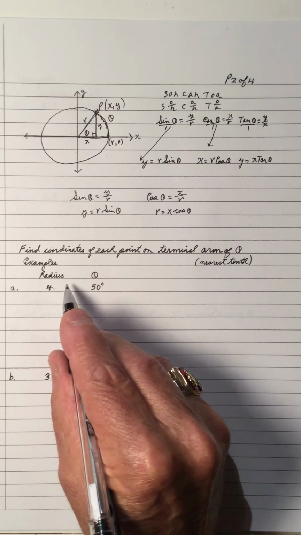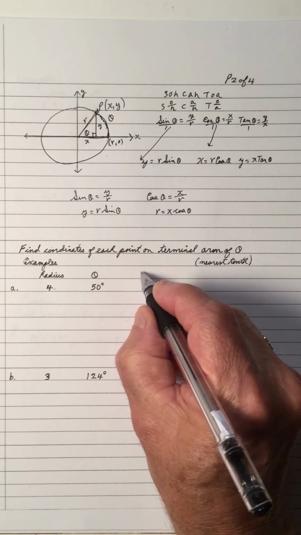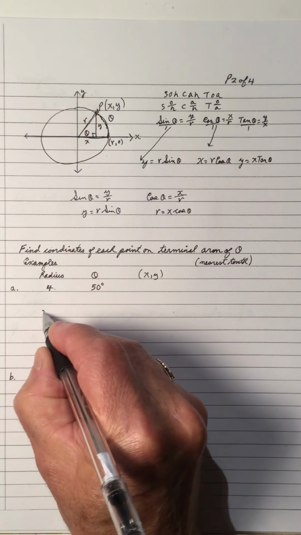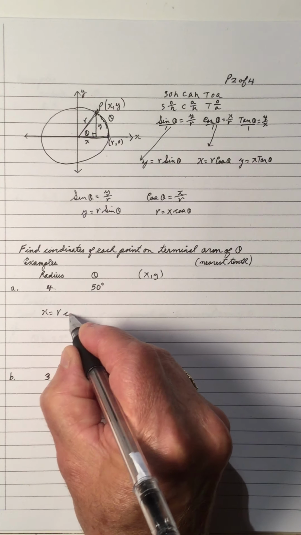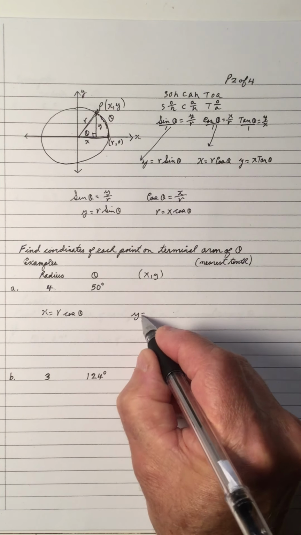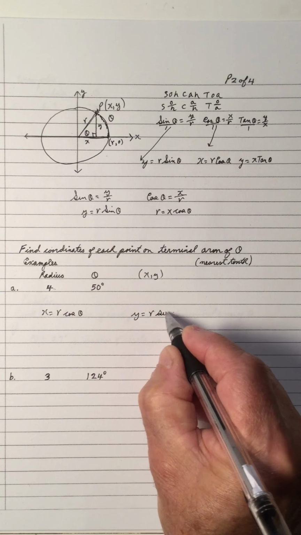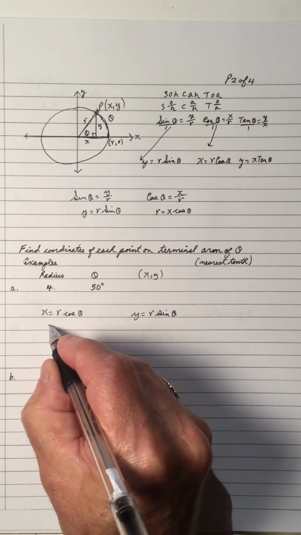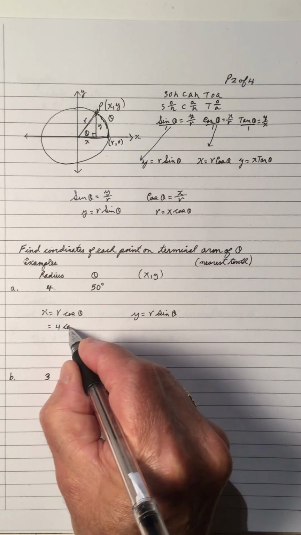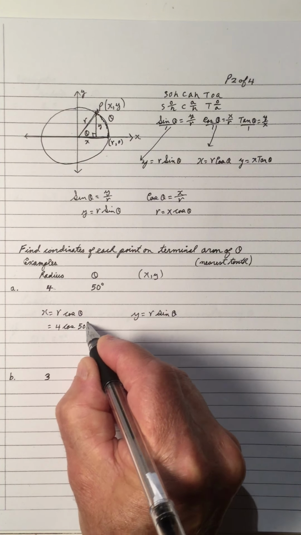So we have the coordinates of the point. The point is x comma y. So x is equal to r cos theta, and y is equal to r sine theta. So x, the radius is 4 cos 50 degrees.